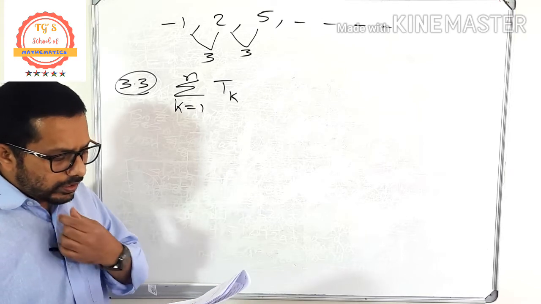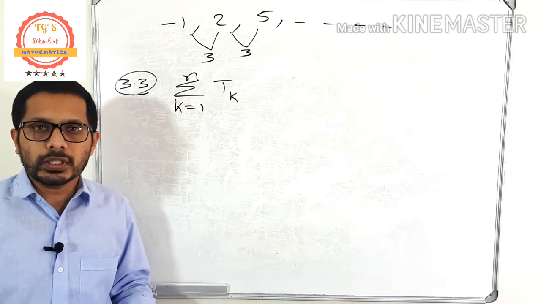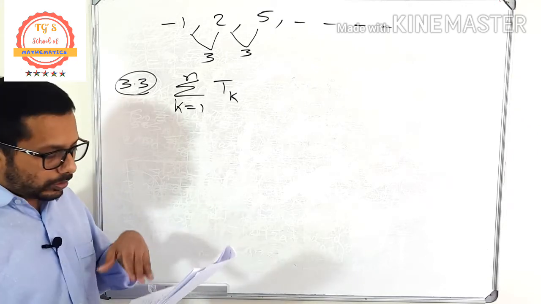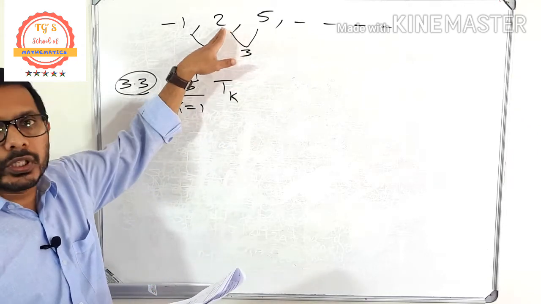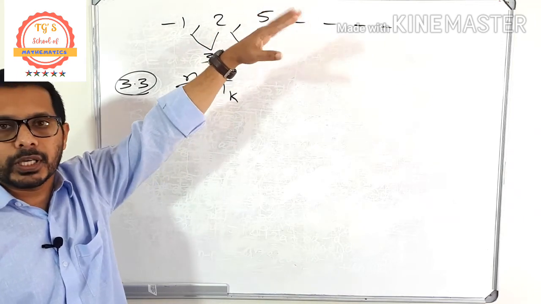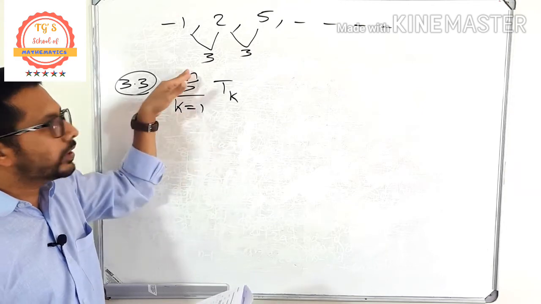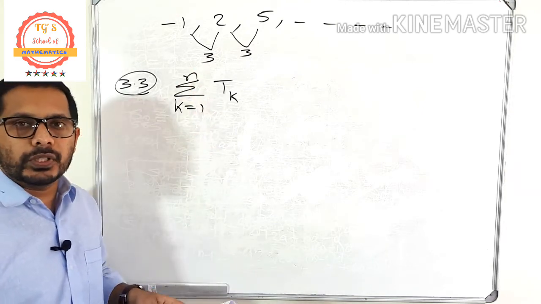So what does sigma stand for? You know that sigma stands for the sum. This is part of the same question: -1, 2, 5, etc. And you have to find the sum of the first n terms. That is the meaning of this one.